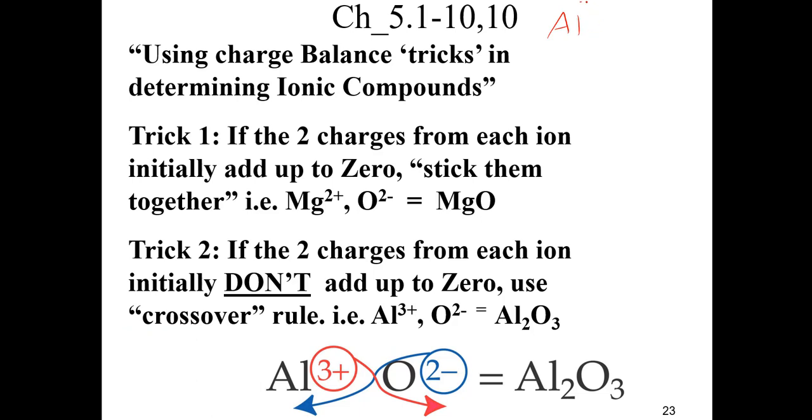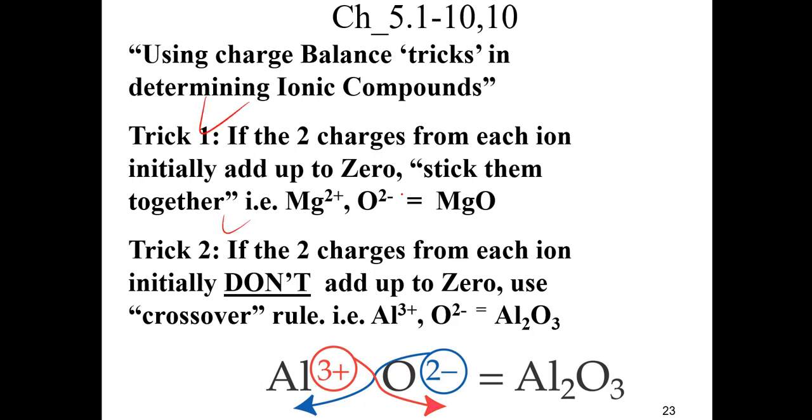If I had a 3 plus charge and I had oxygen with a 2 minus, in order for it to balance out, I would need to find the least common multiple. In this case, least common multiple is going to be 6. So I would need 2 of the aluminums and 3 of the oxygens in order to find Al2O3. But now I can use these tricks to immediately figure out what we're doing.